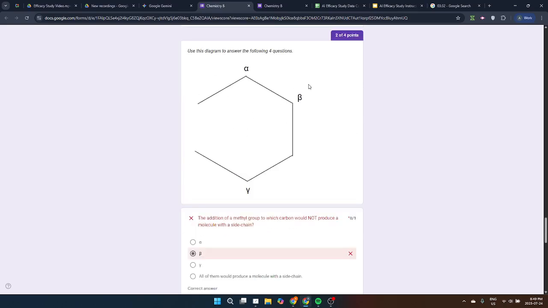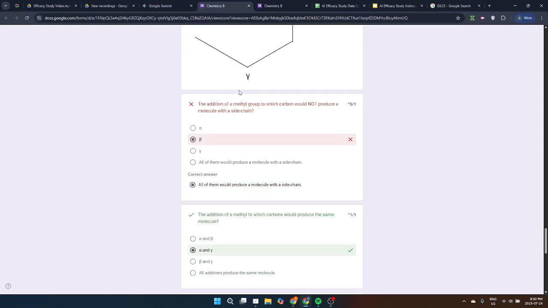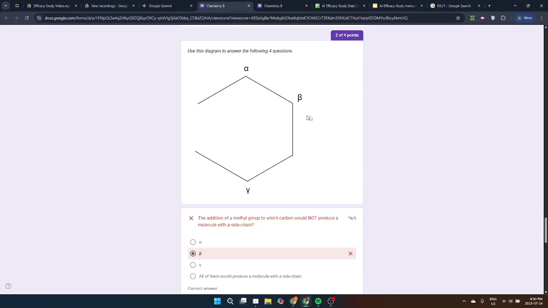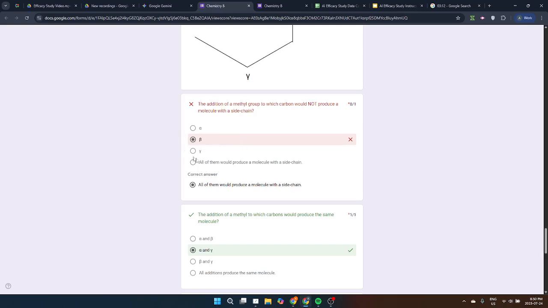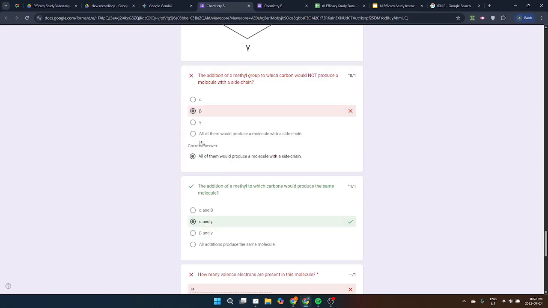I did this really fast. I thought it asked which would produce a molecule with a side chain, and I just saw beta in a bit of an odd position compared to the more symmetrical alpha and gamma, and so I picked it. But the answer is that all of them should produce a side chain molecule.